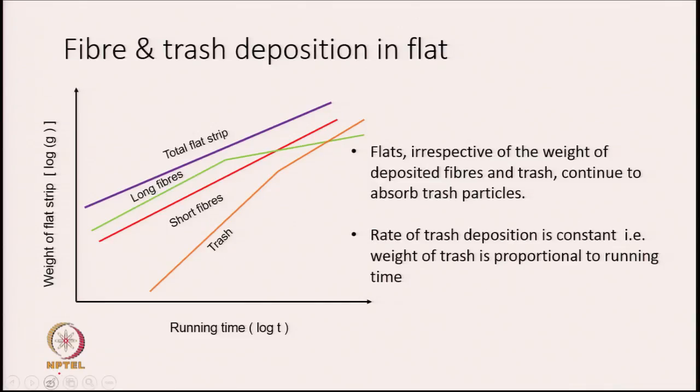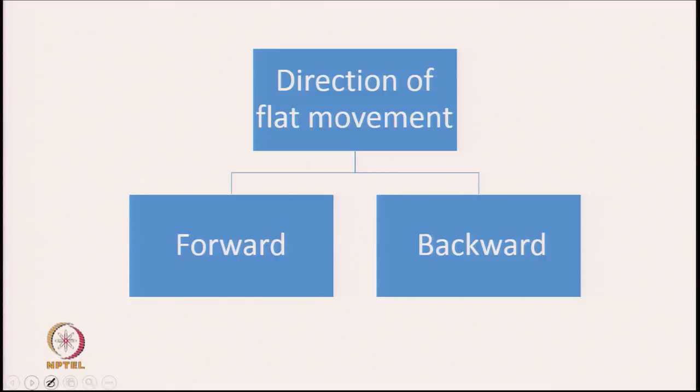This is how the deposition takes place. Rate of trash deposition is constant, that is weight of trash is proportional to the running time, and flats, irrespective of the weight of deposited fiber and trash, continue to absorb trash particles. This is what has been shown by some researchers.